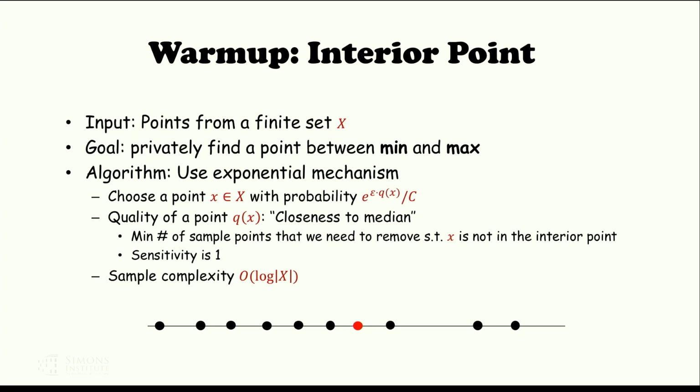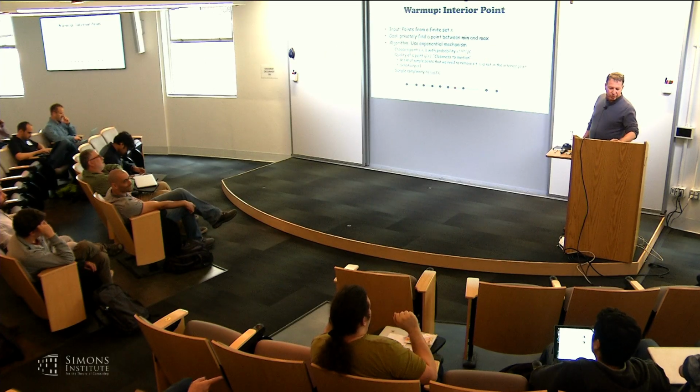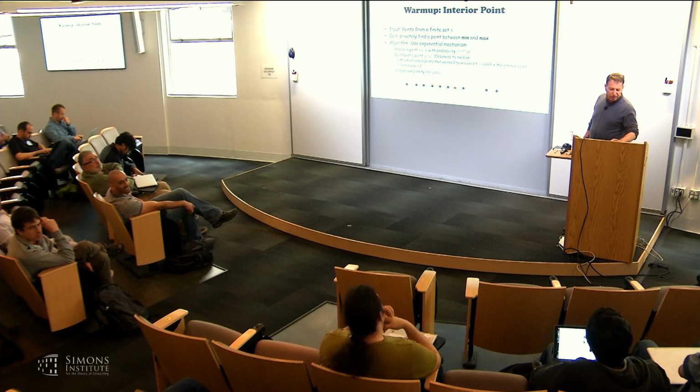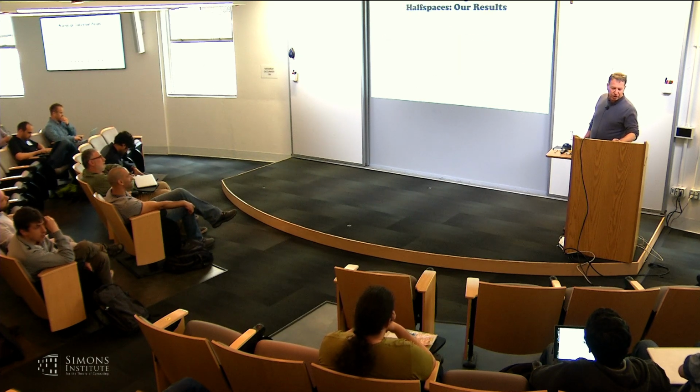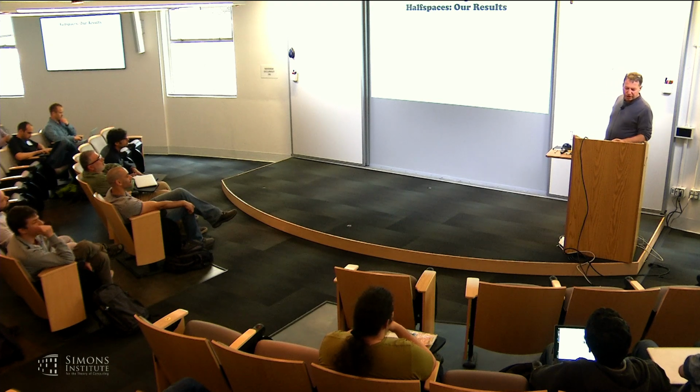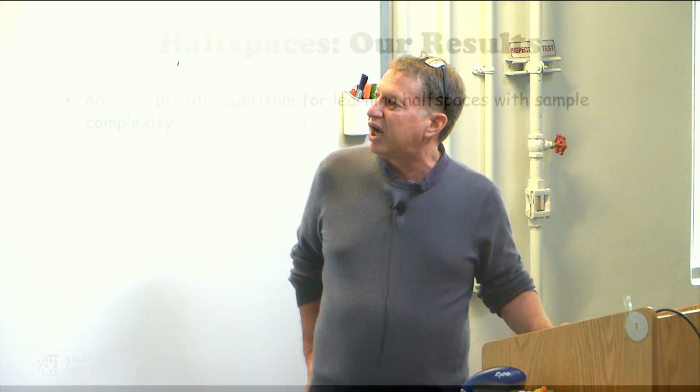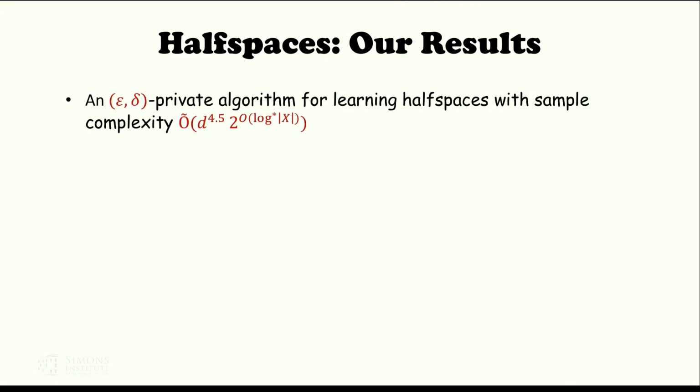Questions? Okay, so let's continue. As I said, there's an epsilon-delta algorithm for this problem with much more efficient sample complexity. So what are our results for half spaces? We show an epsilon-delta private algorithm for learning half spaces where the sample complexity is on the order of d to the power of 4.5 times 2 to the power of log star of x.